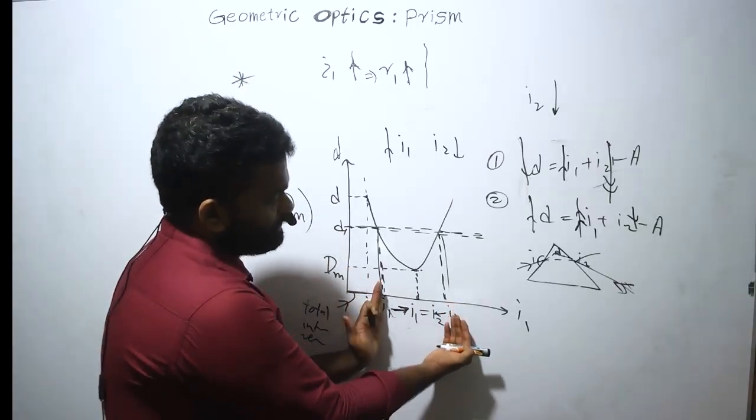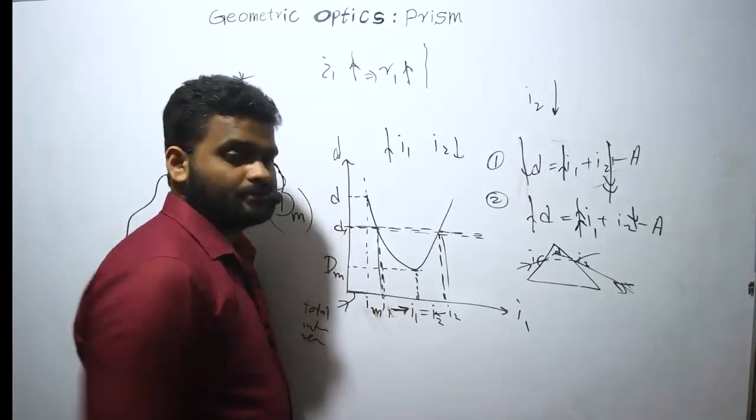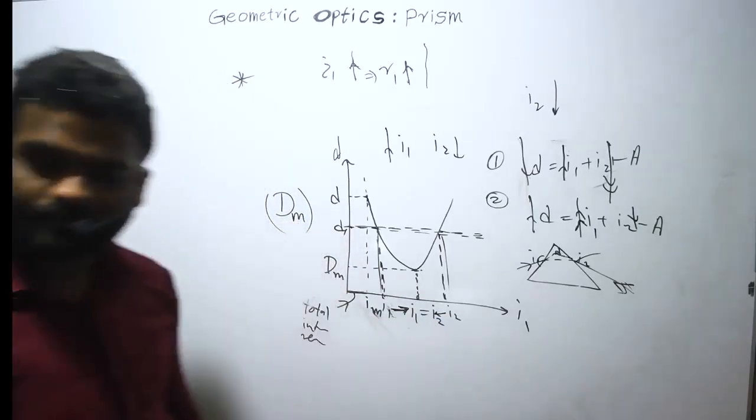Those values reach like this, and at the minimum deviation they become equal, right?